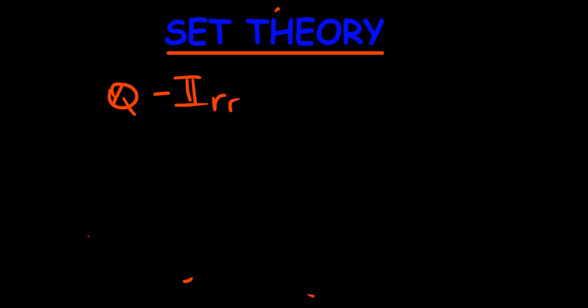What set is this? So we're dealing with numbers, so think in terms of numbers. What group of numbers is this going to be? In short, you have rational numbers, then you remove irrational numbers from those rational numbers. What do you remain with?